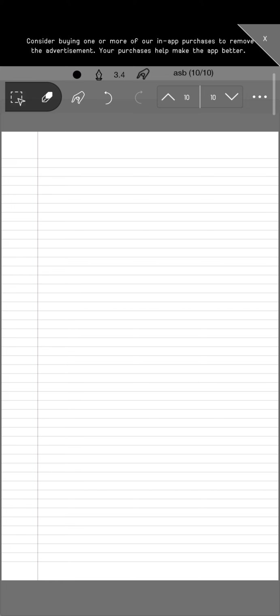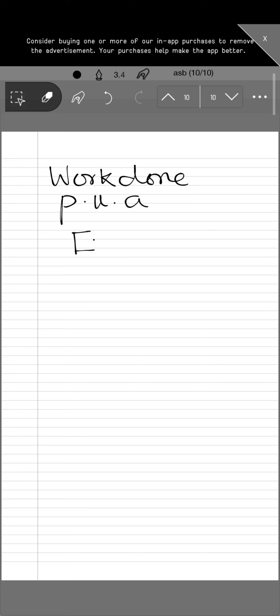We can see that the work done per unit area of the surface, we're calling it the surface energy density.